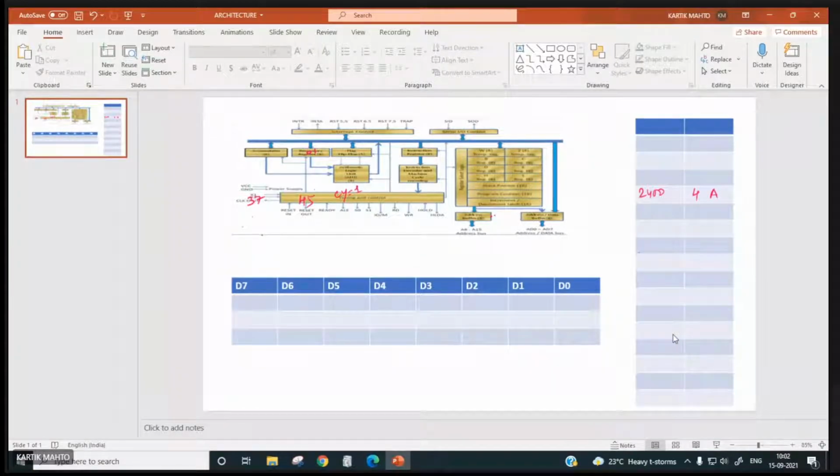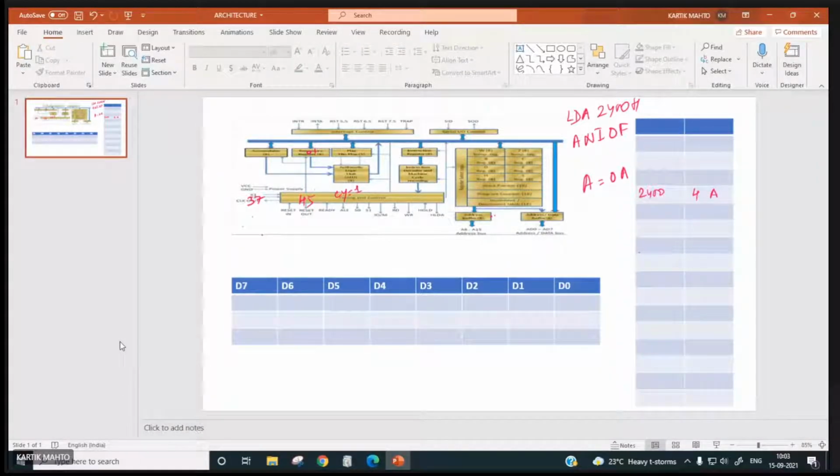So if you do LDA 2400H and ANI 0FH, what will be the accumulator content? Accumulator content will be 0A.